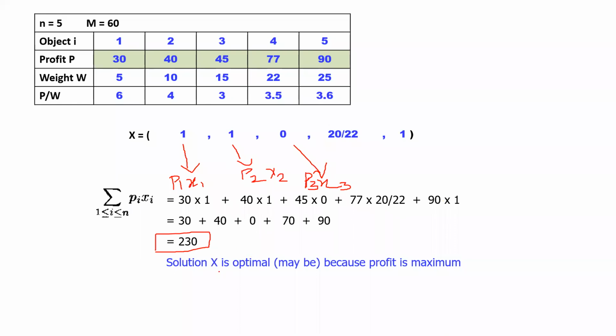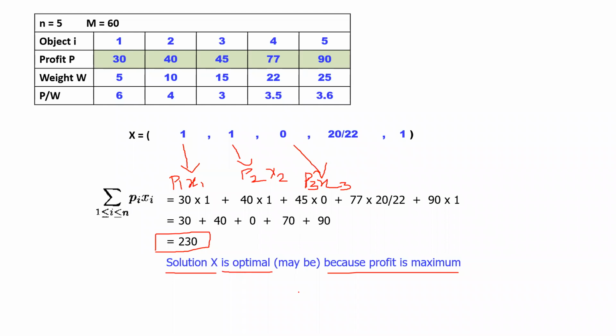Now, whether it is optimal, because I have applied a greedy choice, I'll assume that the solution X is optimal because profit is maximum. But I'm only assuming that it is optimal; it may not be optimal. It may be less optimal because, as I said in the previous session, greedy choices make decisions at each step, which are greedy decisions.